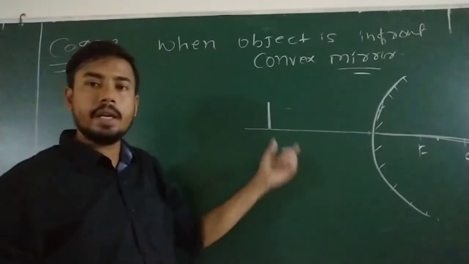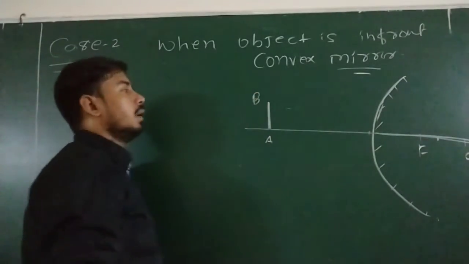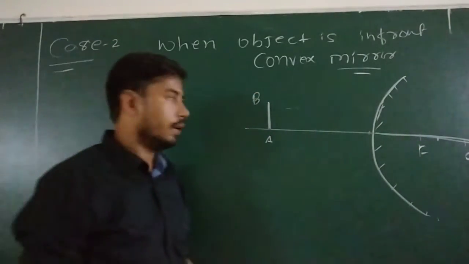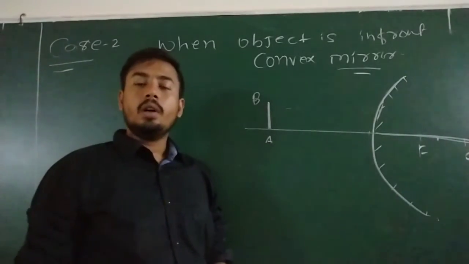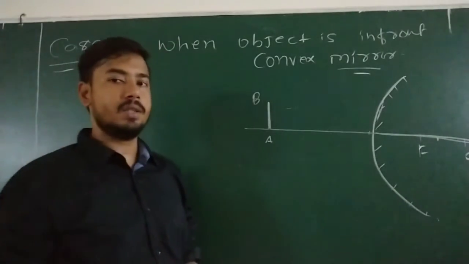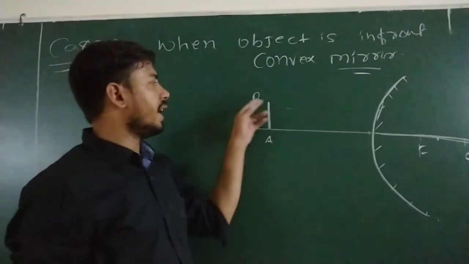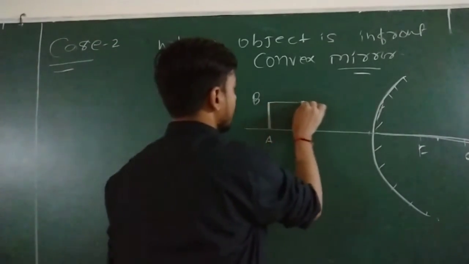It means here object AB. You can assume AB, or you can say Anita Basanti. So I have already told you, during the formation of image you have to take two rays according to your convenience. So see, here we can take one ray parallel to the principal axis. That's called a paraxial ray.